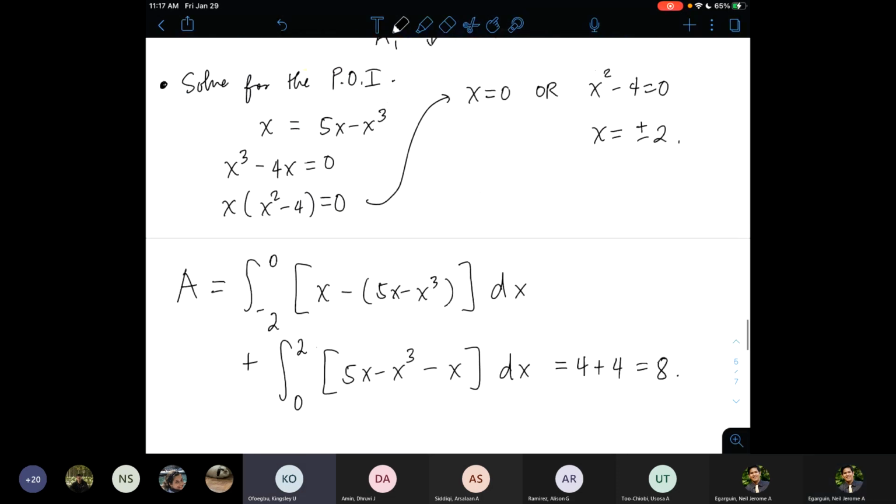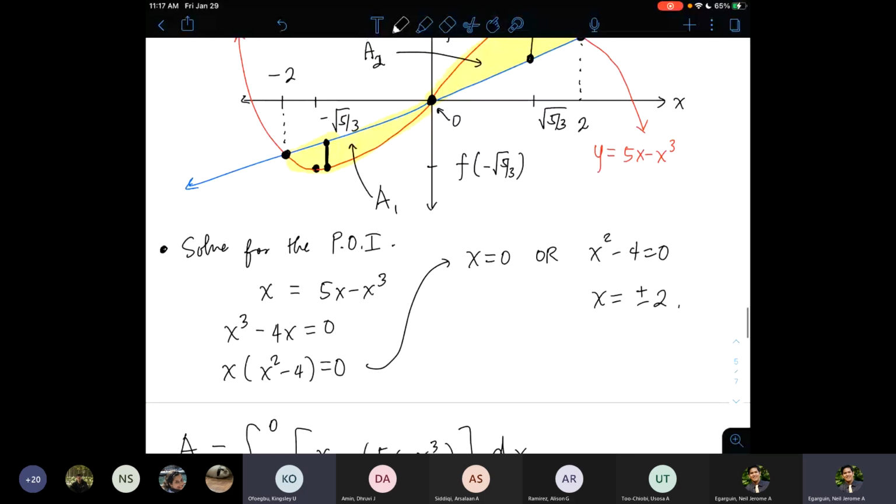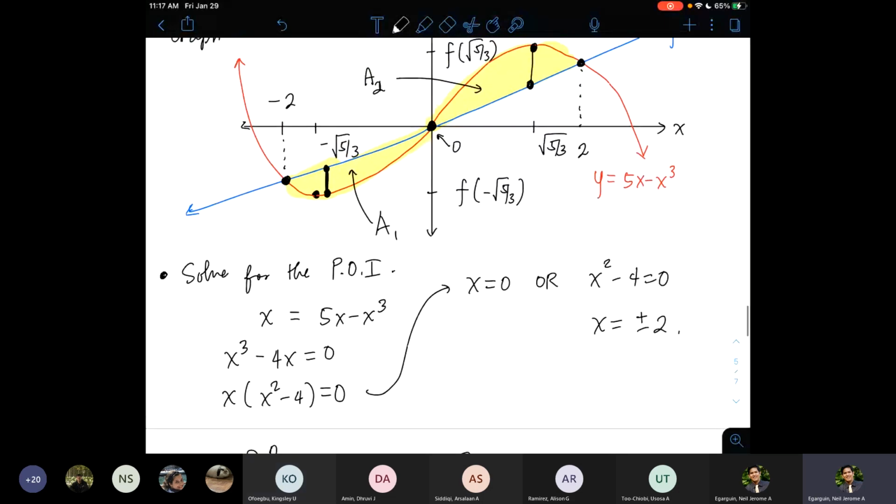All right. So why did I say that using vertical strips here would be a little bit more convenient than using horizontal strips? The reason is that if you use horizontal strips, if you draw a horizontal strip over here, this would be the right portion of the red minus the left portion of the red.